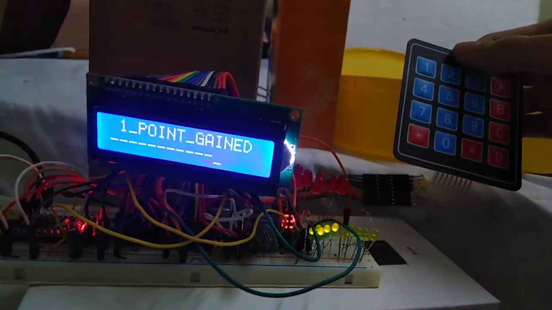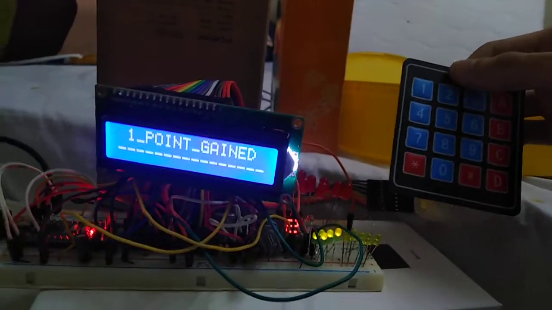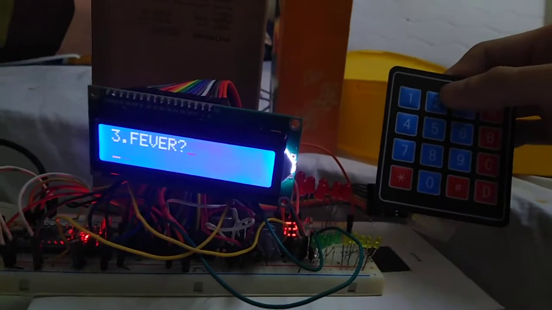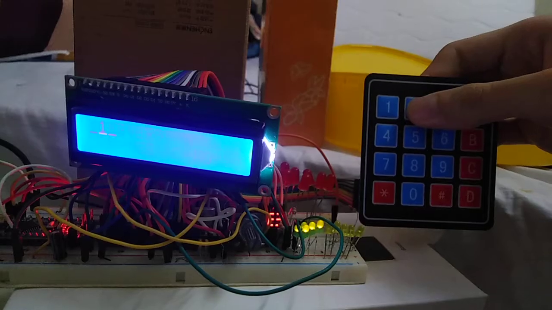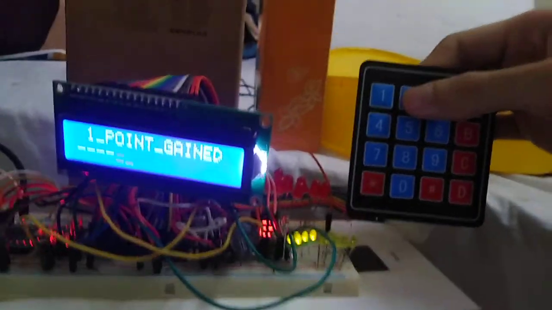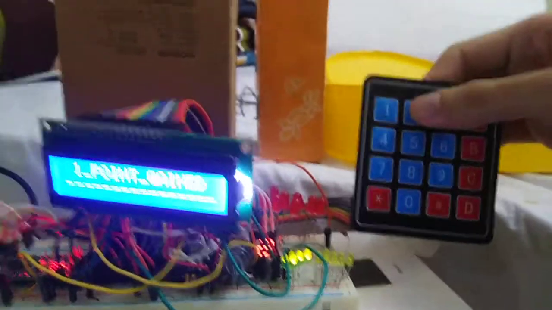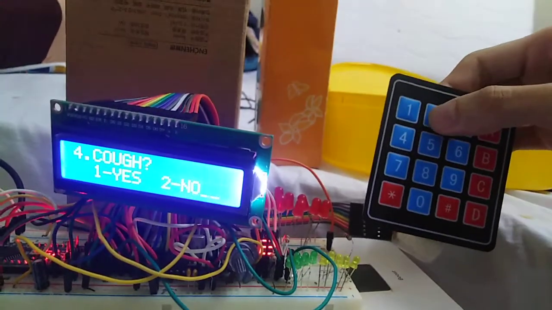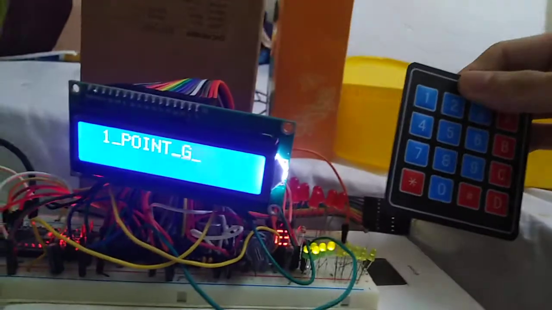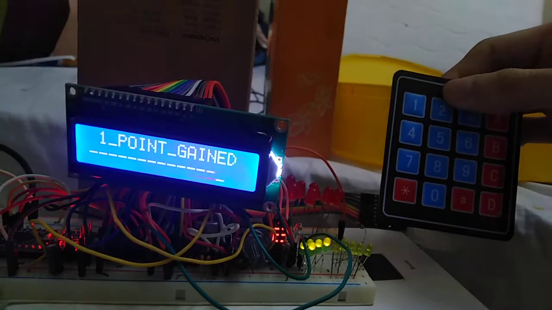So the green LED all lights up. So this outcome occurs. Fever? Yes or no? I did not have fever. So I already gained 3 points. 3/7 already. So let's check. Cough. Got cough. I know cough. So 1 point again.